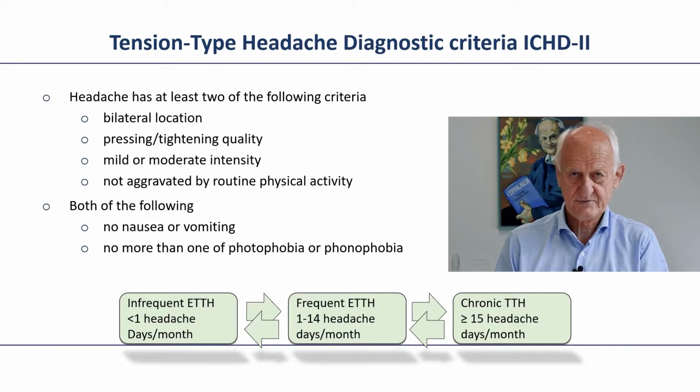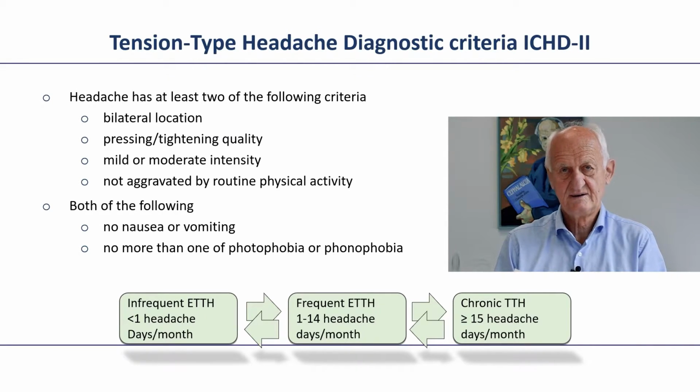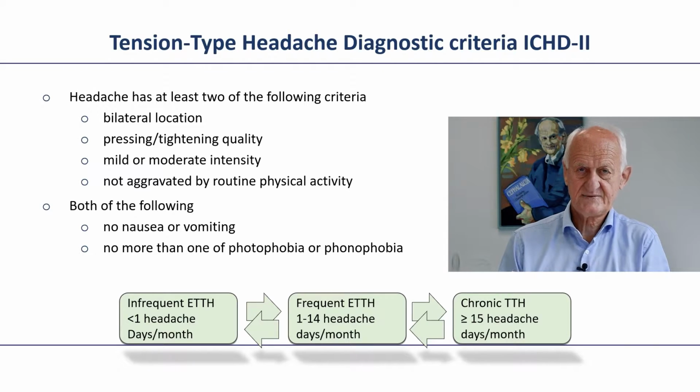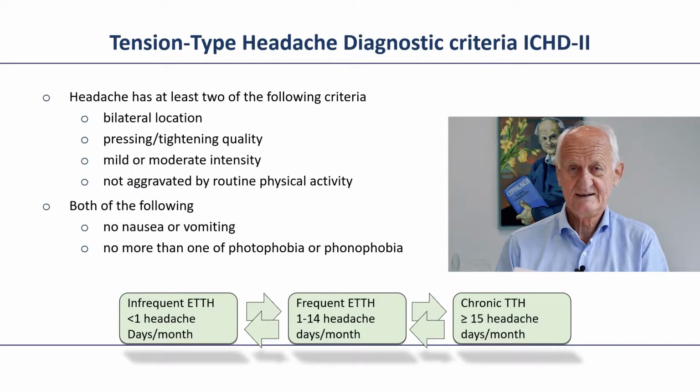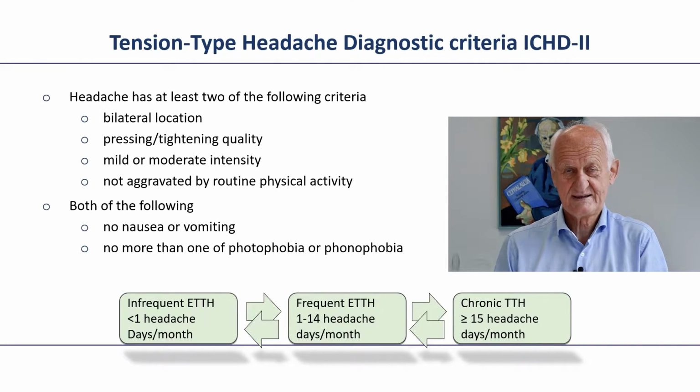They were separated out already in the first edition of the headache classification because we realized that tension type headache is so common, it affects 70% of the population. There's no way we can gain any acceptance of tension type headache as a disease in general.